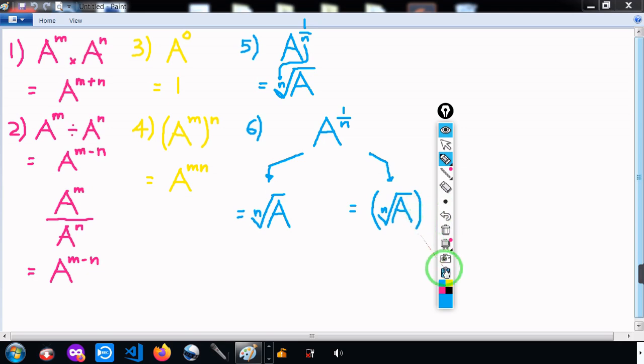To make it very clear, I will get the help of the pink color, and now I'm going to put M. M times 1 is M, 1 times M is also M. And that M you put outside here. Like that.